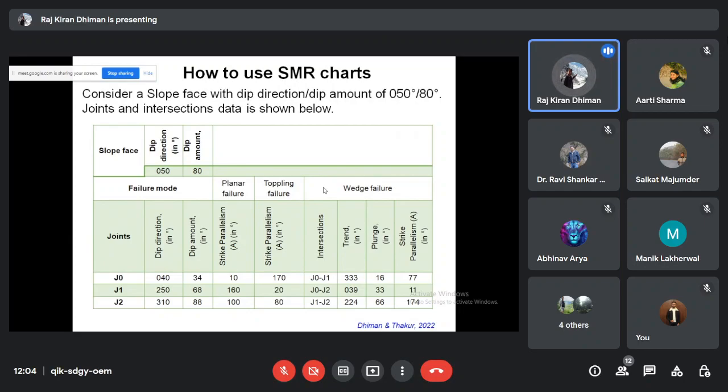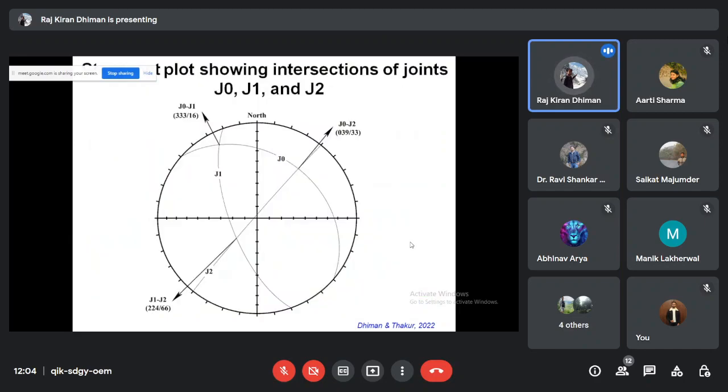We draw the planes because we want the intersections J0, J1, J0, J2, and their trend and plunge values, because then we can get the strike parallelism value out of the trend and the dip direction of the slope. Once we get these values, the A value and beta j or beta i, which means the plunge of the intersection line, we can use the stereonet I have shown, for how we can draw it.